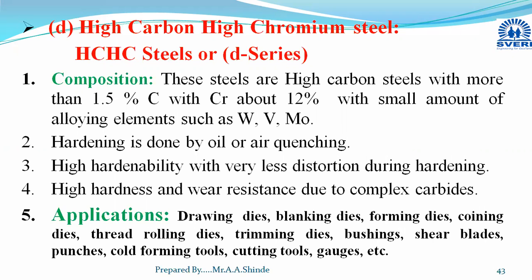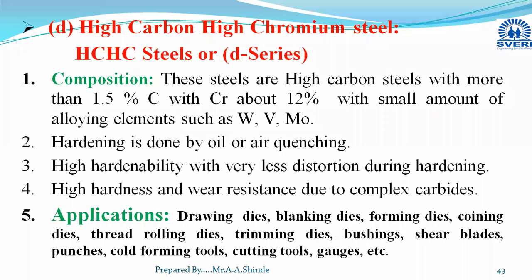Because they contain a high carbon percentage, from 1.5% up to 2.2% or 2.3% carbon. In addition to this high carbon percentage, the chromium percentage is about 12%, and other alloying elements like tungsten, vanadium, molybdenum may be there.